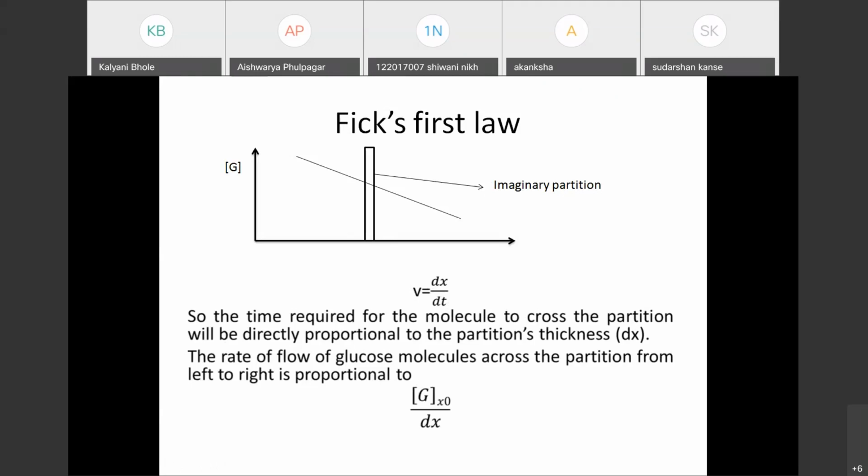Next, we want to measure the rate in an analogous fashion. The rate of flow of glucose molecules crossing the partition from left to right: on the left side it is x0, and on the right side x0 plus dx. So from left to right it is the concentration of glucose upon dx, where dx is the thickness.